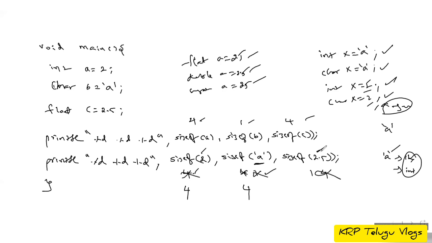So by default it takes double, which gives 8 bytes. Is that clear? Understood, everyone? Okay, note down, I'll tell you the theory part.